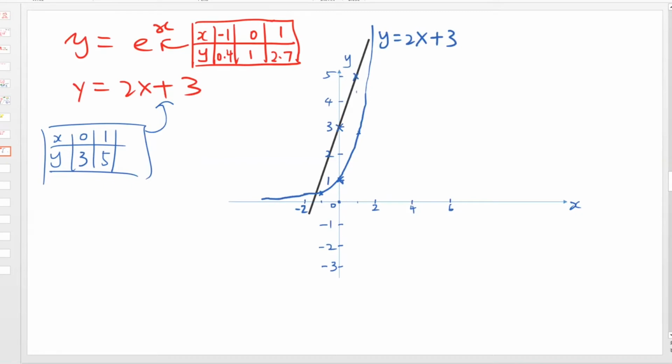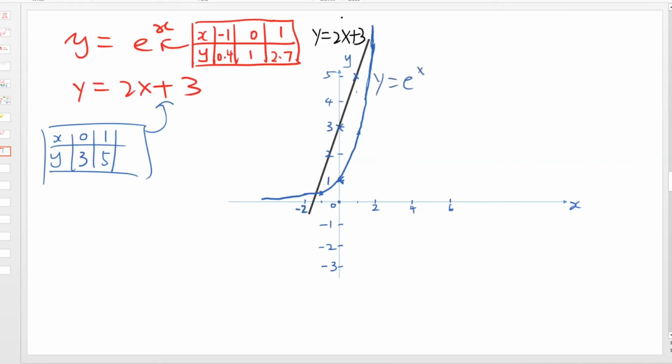Then after that you need to label. Of course it's very hard for me to draw on the computer, so please bear with me. And to not confuse people, you must use a different color. So this is your y equals e to the power of x.